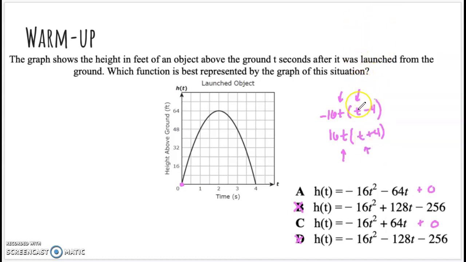So what number goes in for t here that makes this go to 0? That would be a positive 4. What number goes into this t that would make that factor go to 0? That would be a negative 4. But we see right here our other root is at a positive 4. So we know our answer option here has to be A.